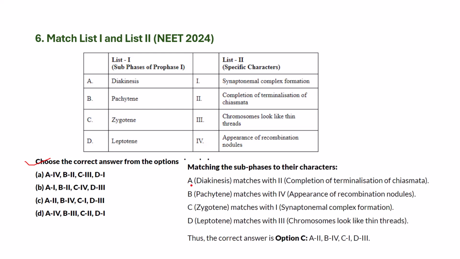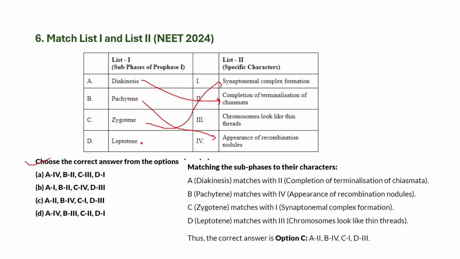So A, diakinesis matches with the completion of terminalization of chiasmata. Pachytene matches with appearance of recombination nodules. Zygotene matches with the synaptonemal complex formation.